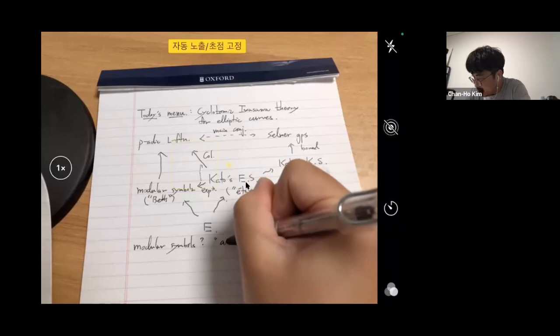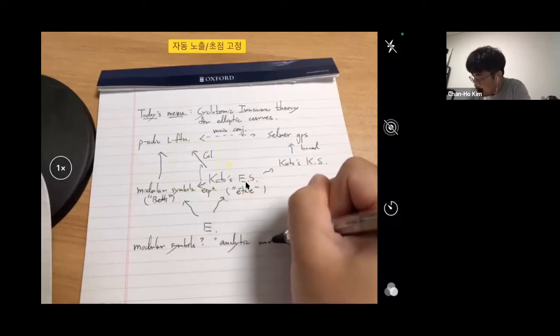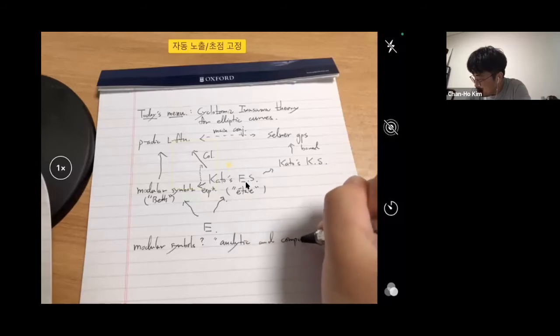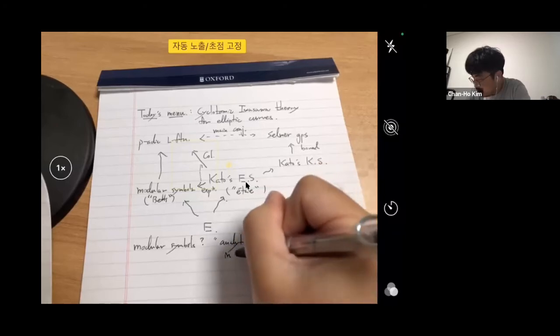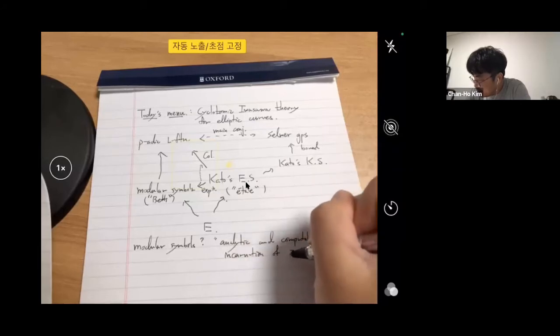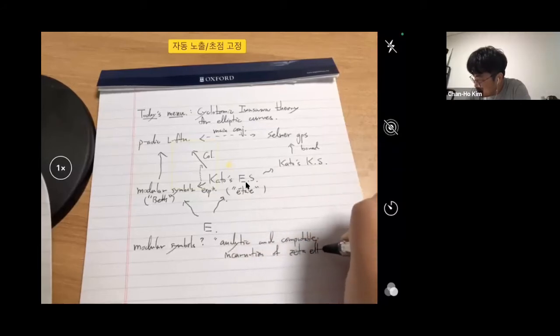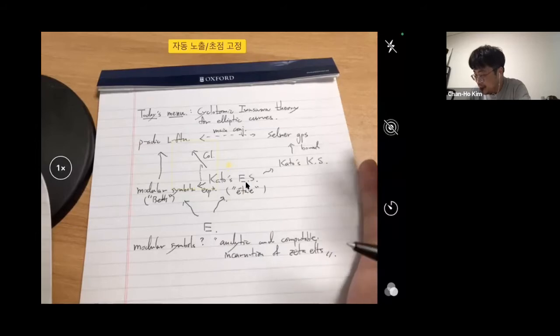They are the analytic and computable incarnation of zeta elements. Very lovely. In fact, the L function is directly related to modular symbols.